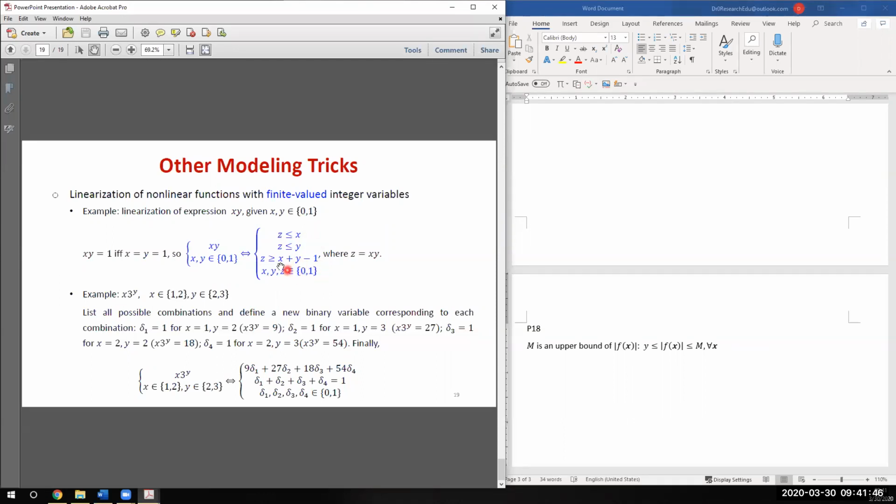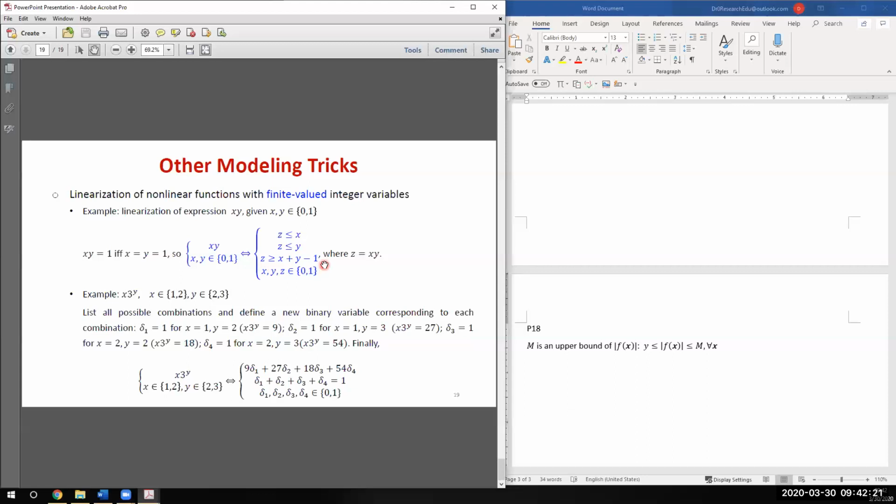And then let's have a look. What if x and y, one of them is 0 and the other is 1? Then the third constraint tells you z is greater than or equal to 0, and from constraints 1 and 2 you have z less than or equal to 0, so z equals 0, right? And what if both x and y are 0? From constraints 1 and 2, z is less than or equal to 0, and from constraint 3, z is greater than or equal to -1.